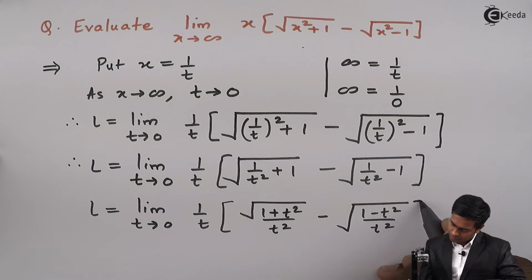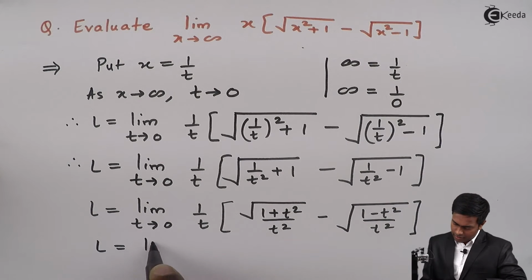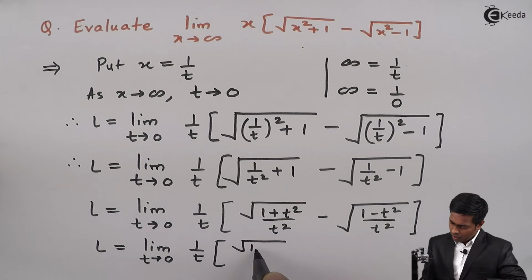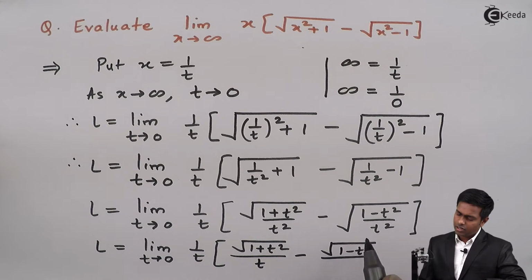So now after taking the square root, we get L as limit t tends to 0, 1 by t, in the bracket square root of 1 plus t square, and square root of t square is t, minus square root of 1 minus t square, and square root of t square is again t.